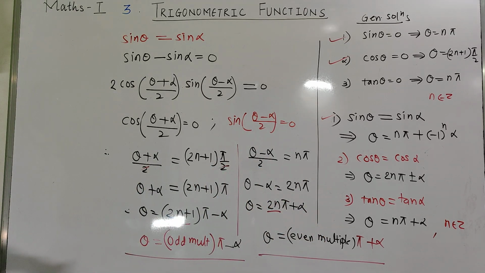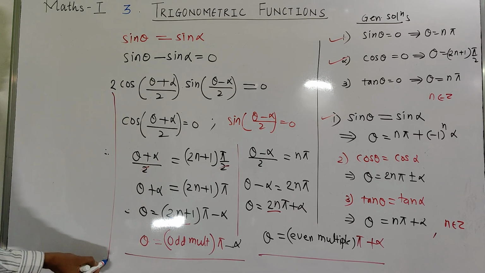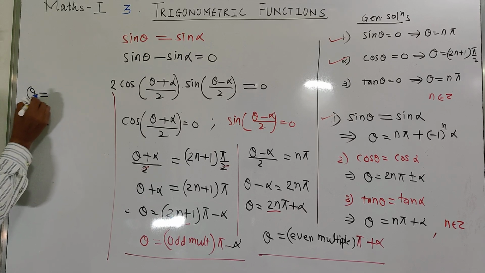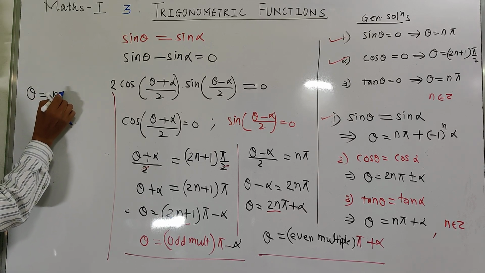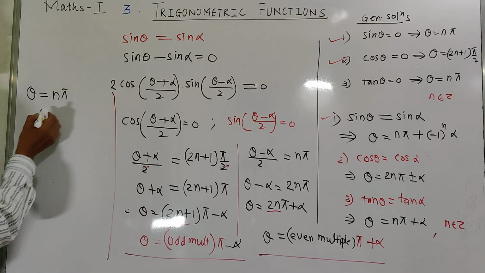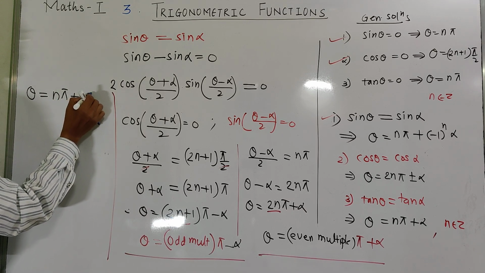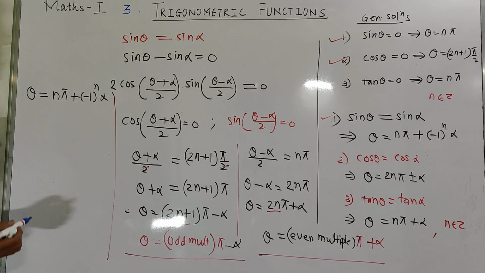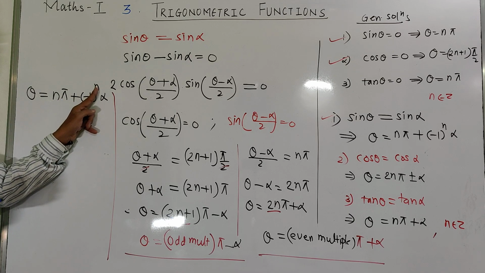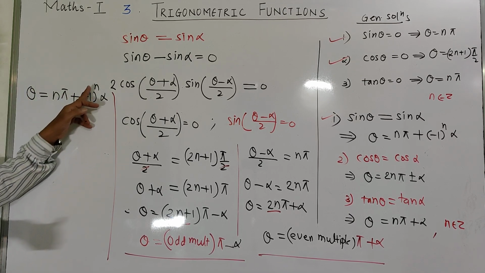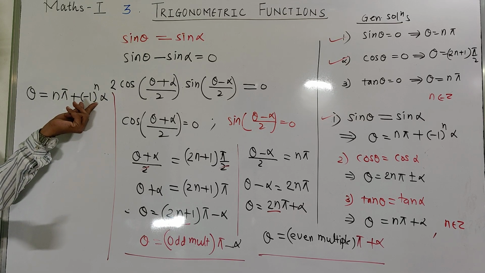So we can put both solutions in this way. Theta is equal to n pi, where n can be even or odd, plus minus 1 raised to power n into alpha. That is, if suppose our n is even, then minus 1 raised to power even will become what?